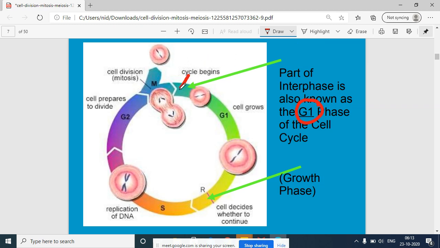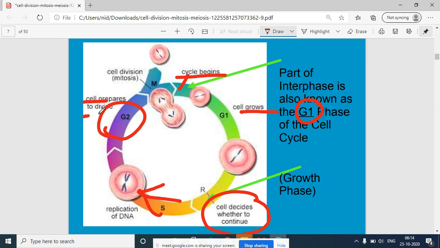The cycle of the cell begins, the cell grows, the cell decides whether to continue or not, then replicates. Then comes G2, where the cell prepares to divide and undergoes cell division, mitosis. Okay, clear?